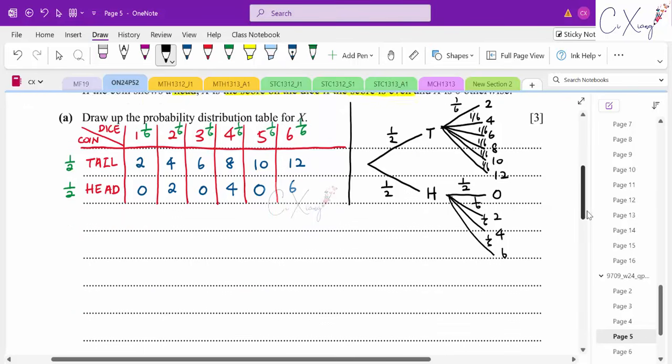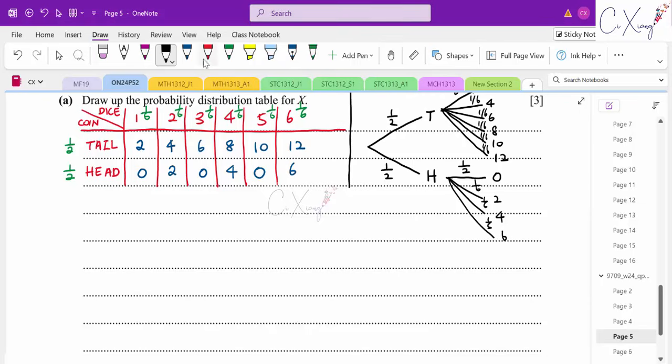Okay, then to draw the probability distribution table, you need to gather all the probabilities for X first. So for the tree diagram, if you want to get X equals to 0, very easy. You take half times half, then you get a 0. But if you are using the possibility space diagram, for the probability of X equals to 0, basically you need to take how to get a 0 here.